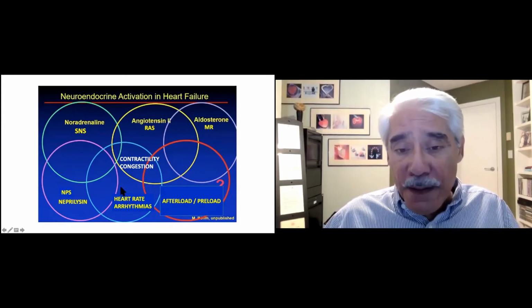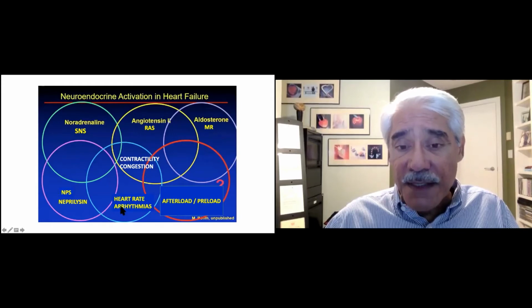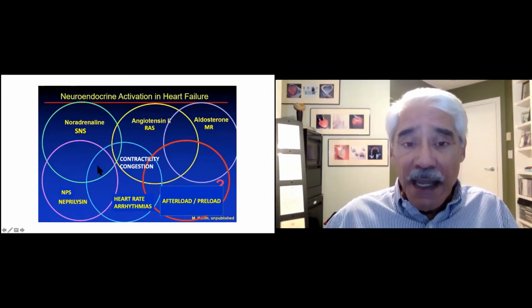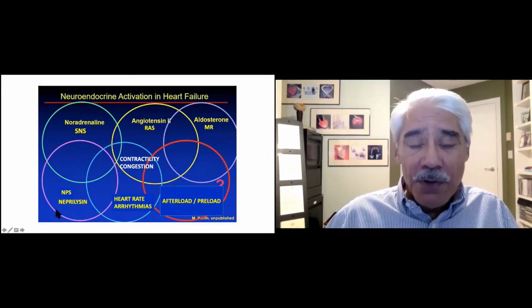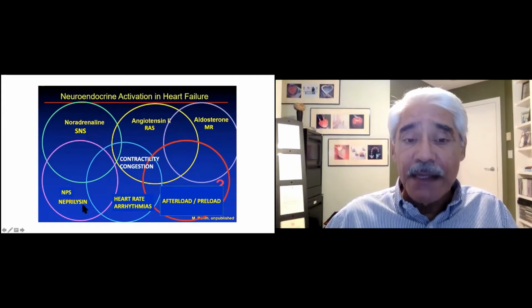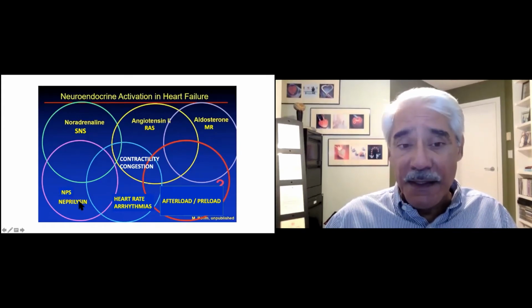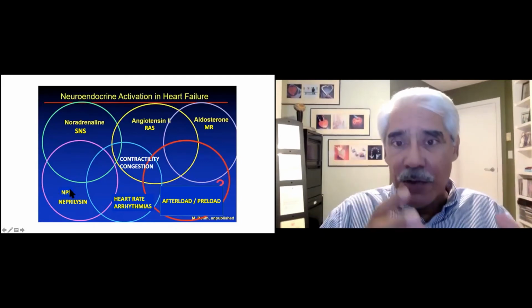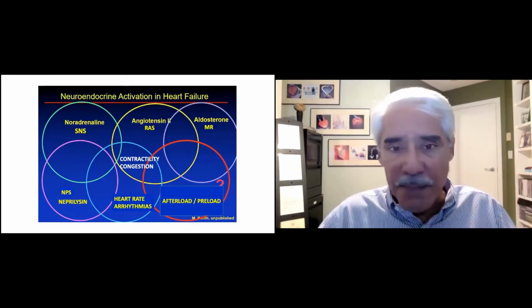And the sympathetic nervous system activates the heart rate and causes arrhythmias. And the new neurohumeral system that we have learned about in the last few years is about the neprilysin being activated in heart failure, which breaks down the natriuretic peptides and attenuates the good action of the natriuretic peptides.